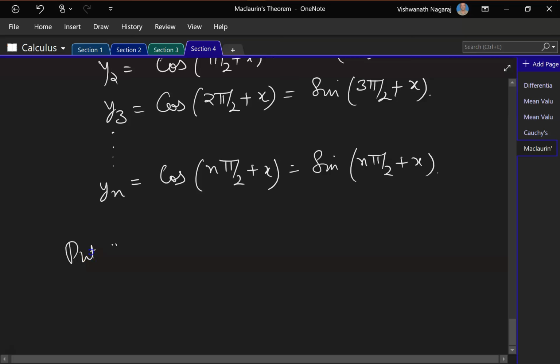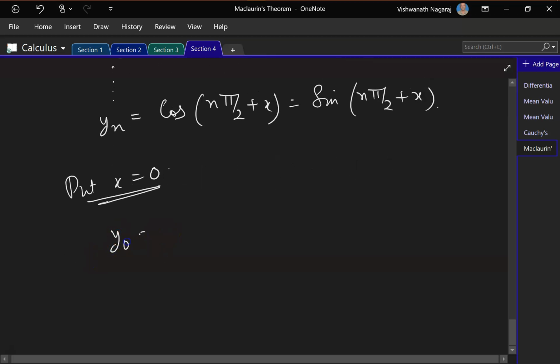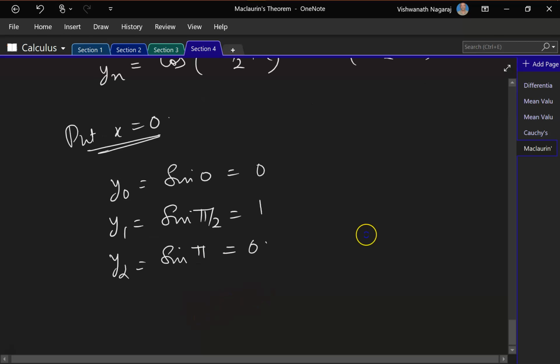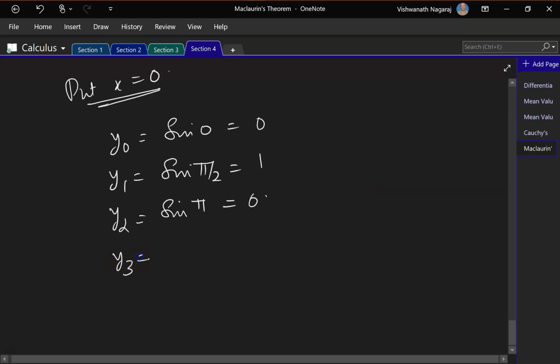Now let's put x equal to 0. So y0 is equal to sin 0, which is equal to 0. y1 is equal to sin(pi/2), which is 1. y2 is sin(pi), that is 2pi/2 is pi, again 0. y3, or the third derivative, would be sin(3pi/2), which is minus 1.